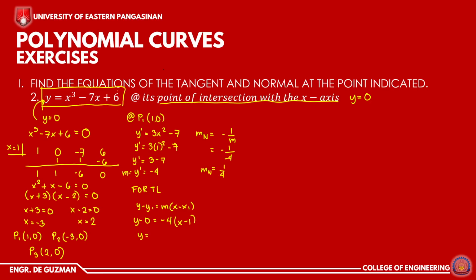So, y is equals to negative 4x plus 4. So, lipat natin sa kabila, magiging y plus 4x equals positive 4. So, ito yung ating tangent line 1.